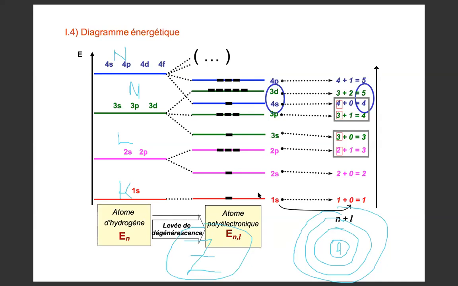So the numbers you're seeing here in front, 1, 2, 3, 4, just represent these energy levels as you progress in the number of periods.